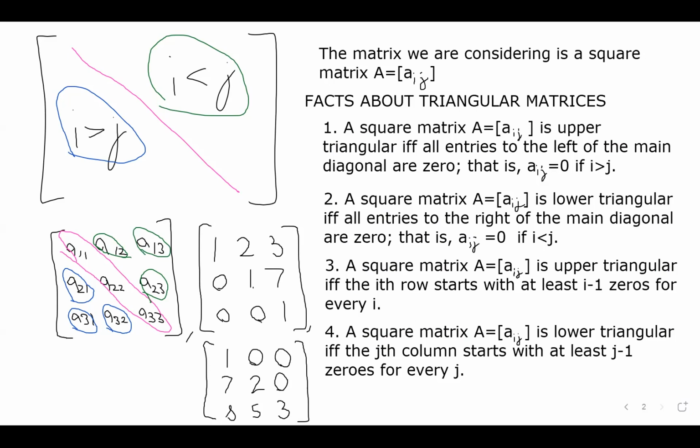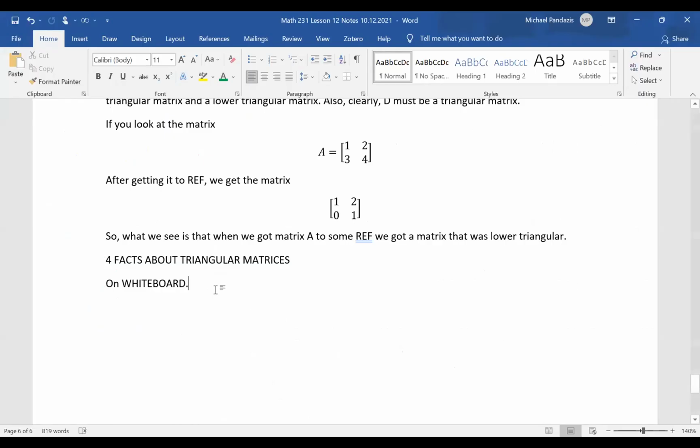Okay, now I'm going to go back to Word. Okay, next is theorem 1.7.1. So part A says the transpose of a lower triangular matrix is upper triangular.